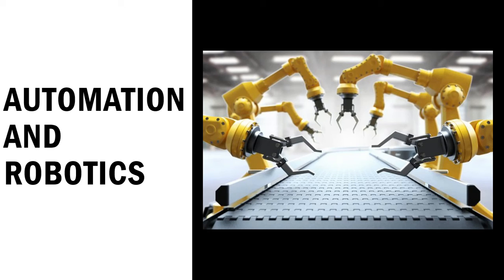Automation is used in different processes of manufacturing, such as machining and welding. Automated manufacturing refers to the application of automation to produce goods in a factory.